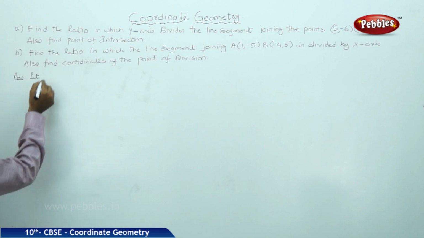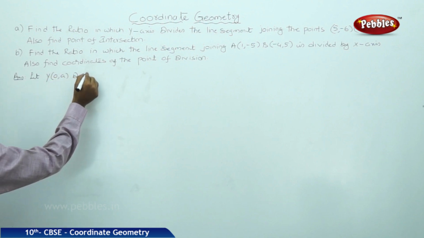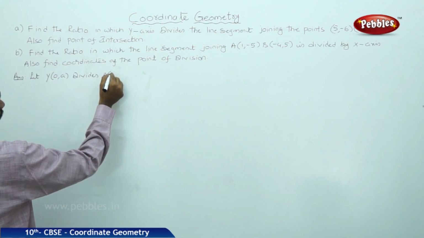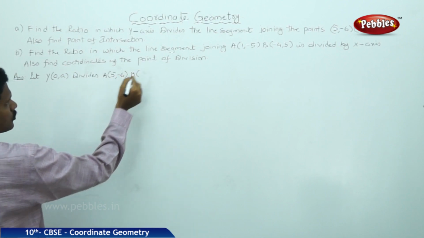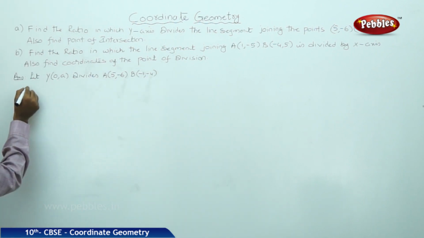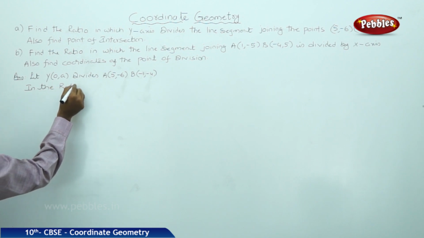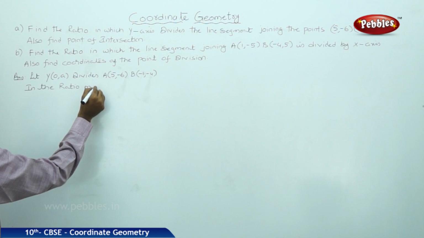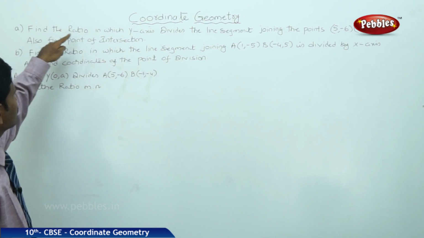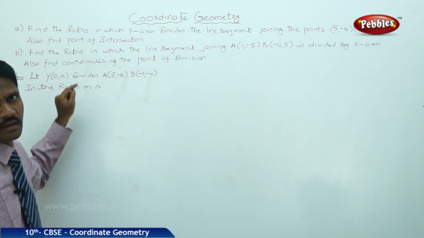Let Y of (0 comma a) divide A of (5 comma minus 6), B of (minus 1 comma minus 4) in the ratio m is to n. Here the question is given, find the ratio in which the y axis, that is the point on y axis is (0 comma a).